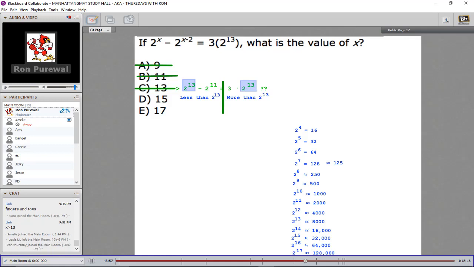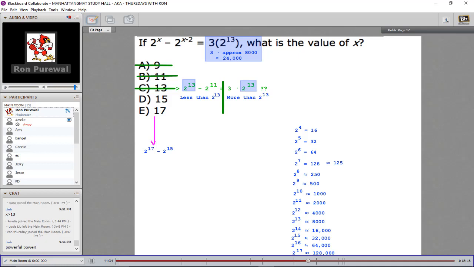So if you try to plug in choices D and E, 3 times 2 to the 13th is 3 times approximately 8,000, so about 24,000. Choice E is 2 to the 17th minus 2 to the 15th. That's approximately 128,000 minus 32,000, which is still almost 100,000.